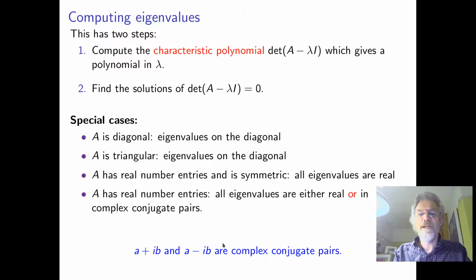So whenever you've got a complex pair, they come as conjugates. They come in twos. So you can't have, let's say, 2 real and 1 complex eigenvalue of a 3 by 3 matrix. It would have to be a real and 2 complex or 3 real.